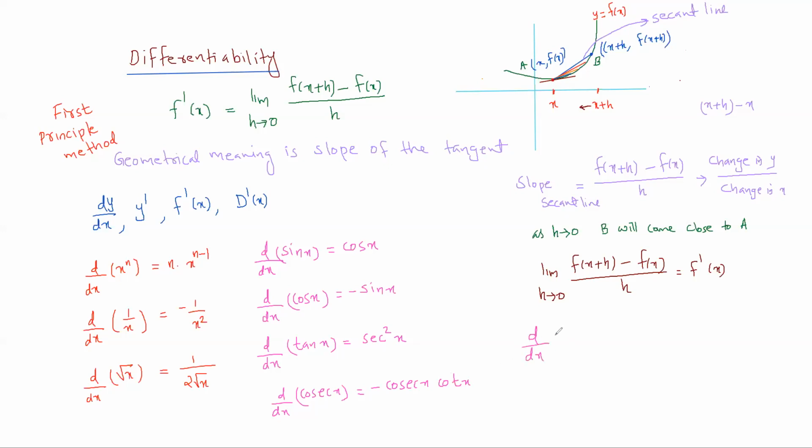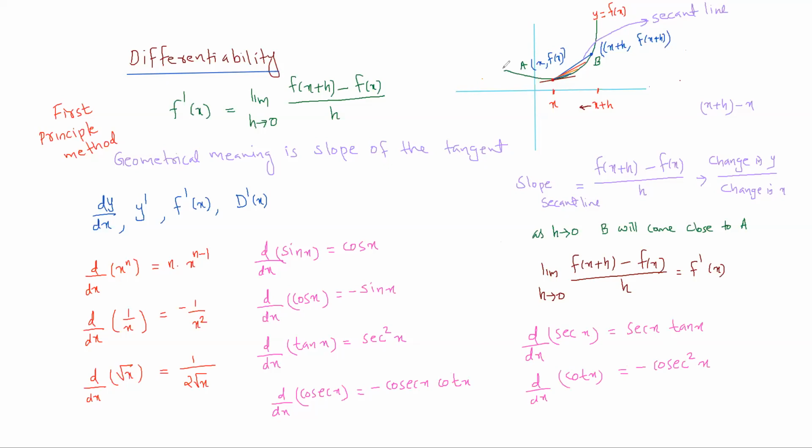Derivative of secant x is equal to secant x into tan x. Derivative of cotangent x is equal to minus cosecant square x. So these are the results you have seen last year.